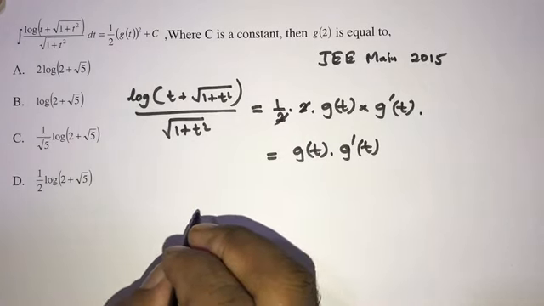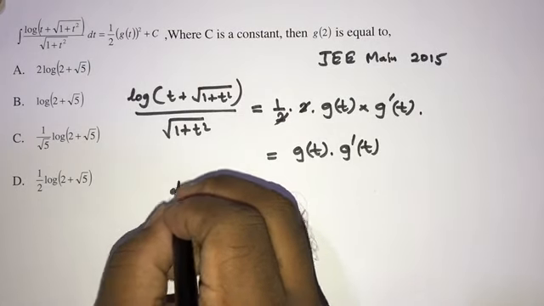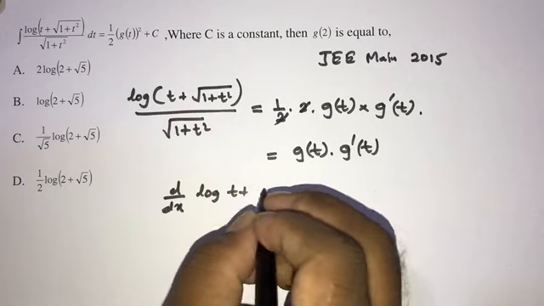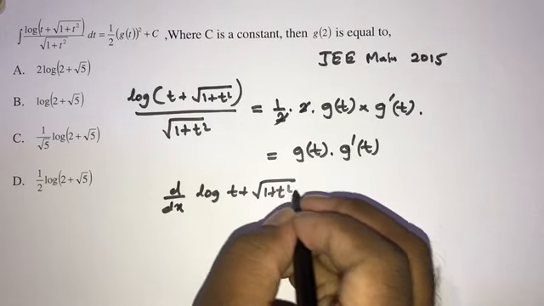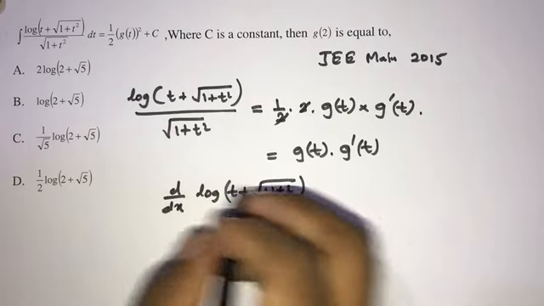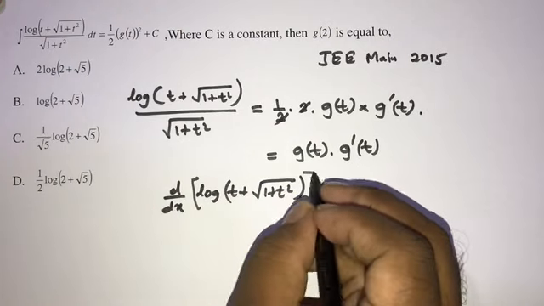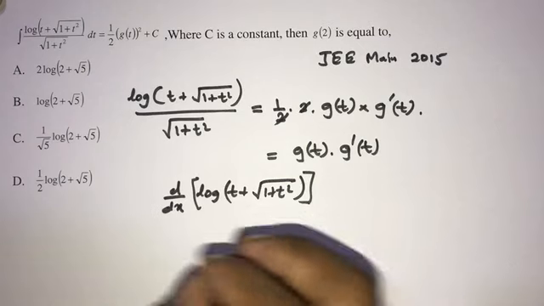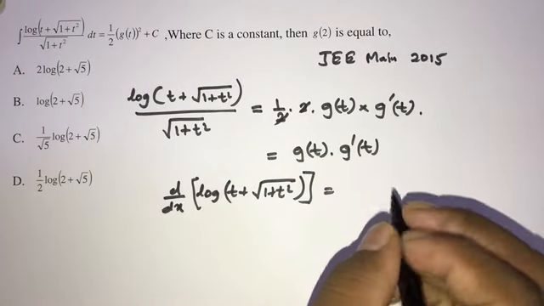Okay, take the derivative of log of t plus 1 plus t square. Actually, you don't need to take the derivative, you can do it in your mind, but however I will do it here.